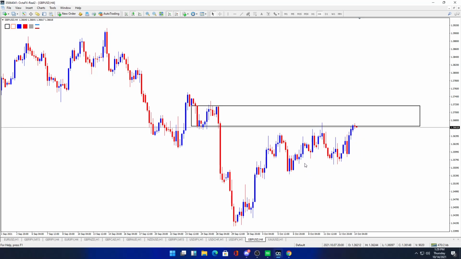Because this is H4, this is what we call intraday. Let me clarify: there are a few positions that you might take that fit your time and your trading. Not every trader uses the same method to trade.